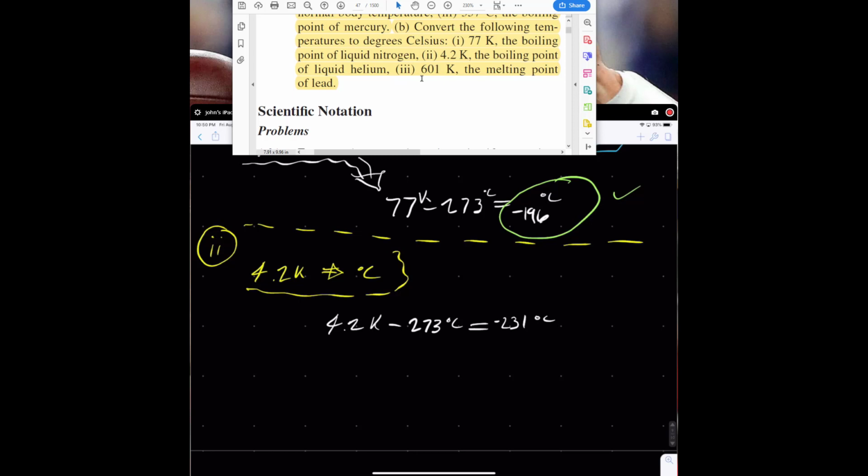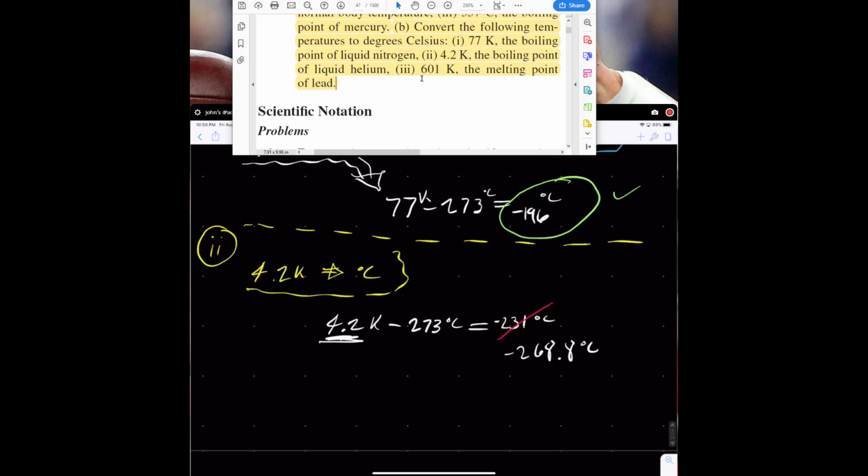Whoops, I just made a mistake. If you caught it, I did 42 minus 273. It's actually just 4.2 minus 273. I have to make sure I'm addressing those decimal points. So our real answer here is negative 268.8 degrees Celsius.